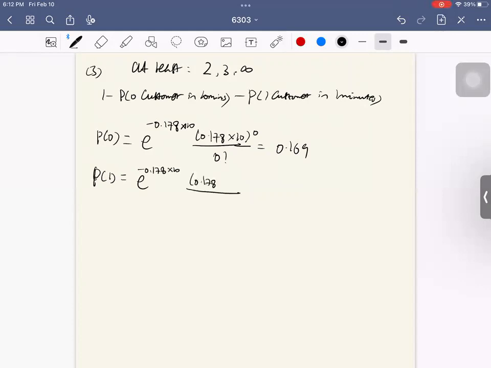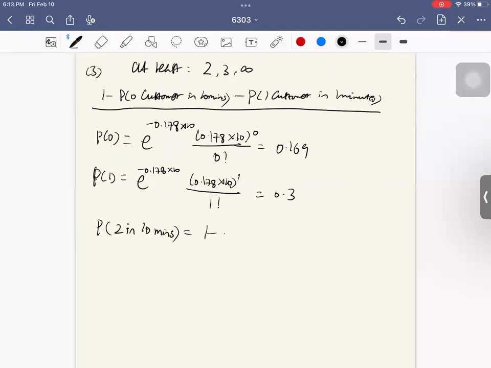It's like this, K is 1 in this case. So the result is 0.3. According to what we set here, the probability of 2 or more customers in 10 minutes equals 1 minus this one and this one. The result we get is 0.531 in this question.